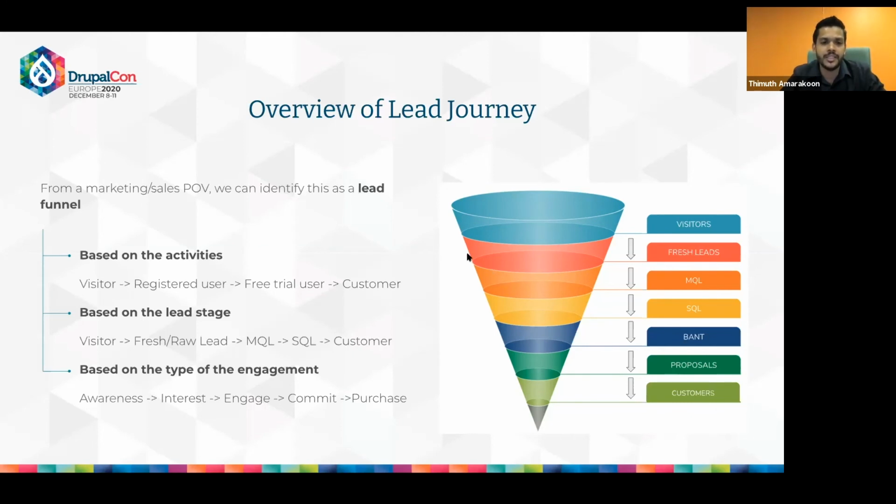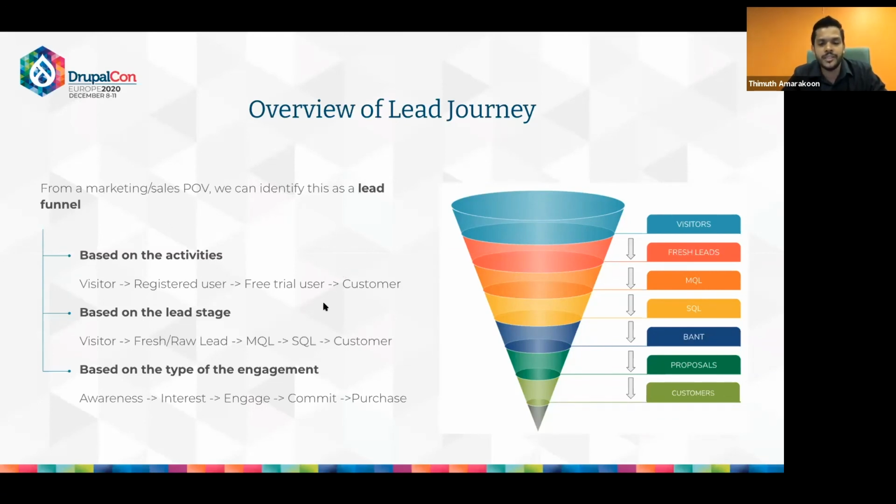And in here, you can look at your leads based on their activities and call them, okay, the first layer, we are getting visitors, and now they are becoming registered users, and they are registering with our free trial. And ultimately, they will become customers. That's one way of looking at them.